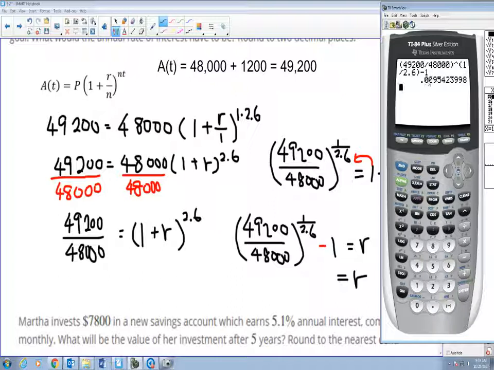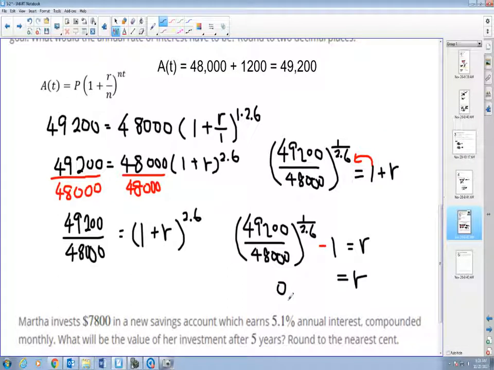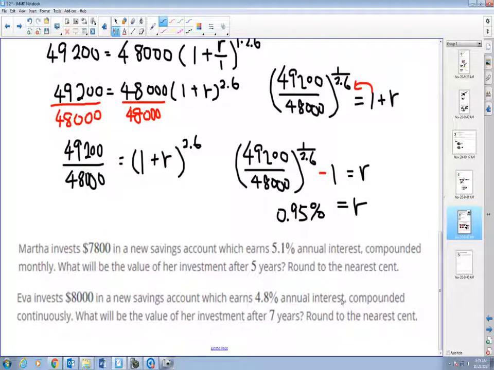This is my interest rate in decimal notation, so times 100 to convert into a percent. Rounded to 2 decimal places, that will be 0.95%. So make sure you times 100 to convert back to a percent. That would be the interest rate.